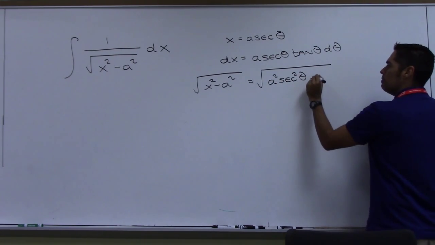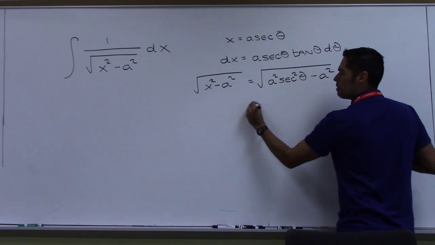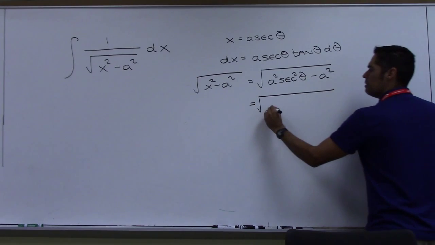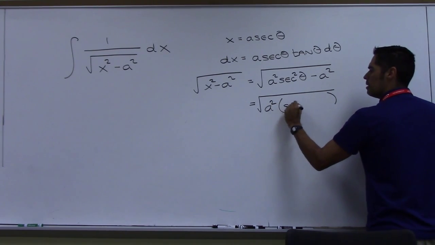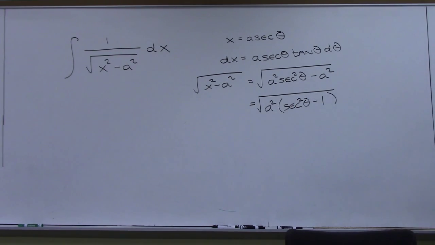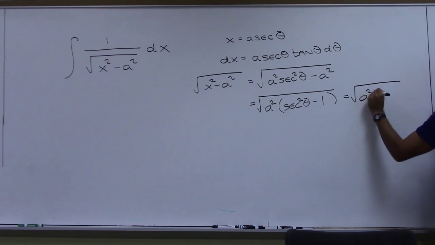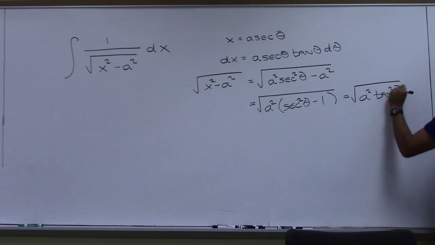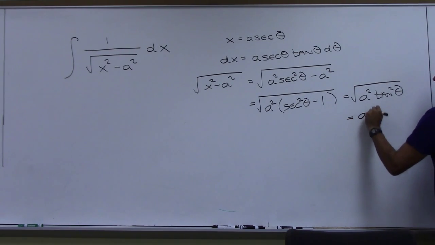And then minus a squared. Take out an a squared, which would leave you with secant squared theta minus 1. Any recollection of what that is? Tangent squared. So square root of a squared tangent squared theta, so it's going to be a tan theta. Good.